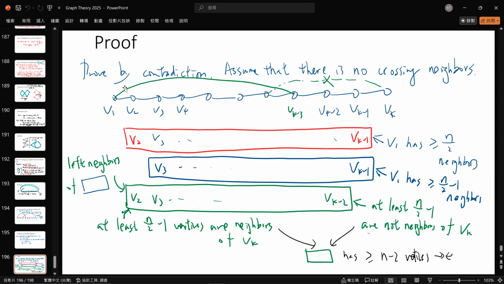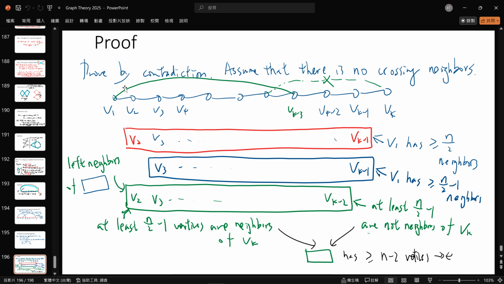I won't go over the proof again, but I want to emphasize that we can have a slightly more general result. In the proof, we assumed that the degrees of V1 and Vk are at least n over 2. Actually, we don't need this strong condition.